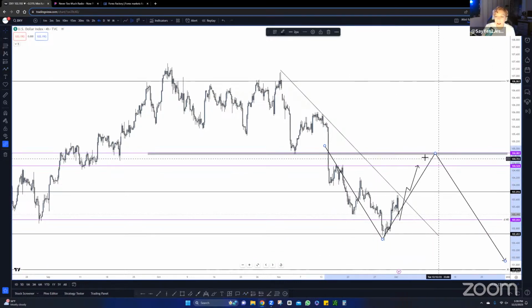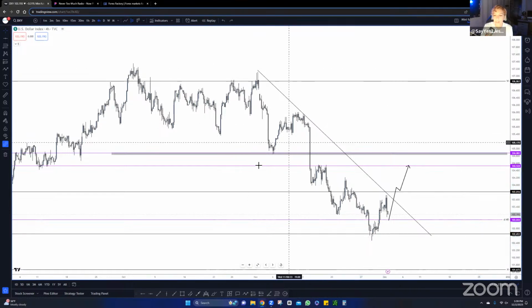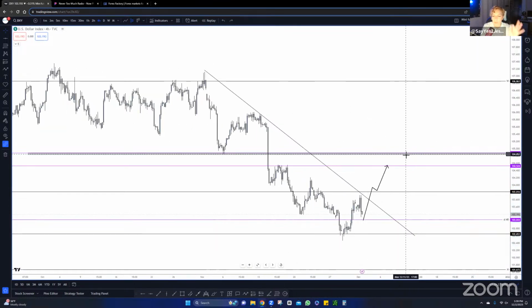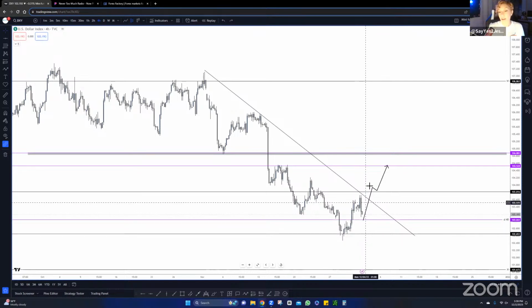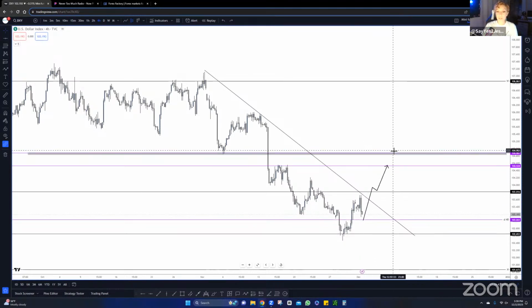So we're not changing direction until this is broken, and then this previous high is turned into support. I want to make that very clear. So you have to understand that even though you may be getting a break and retest of your trend line, you may have an inverted head and shoulders forming. It is not 100% bullish as far as swing trading until we get a break of this structure.